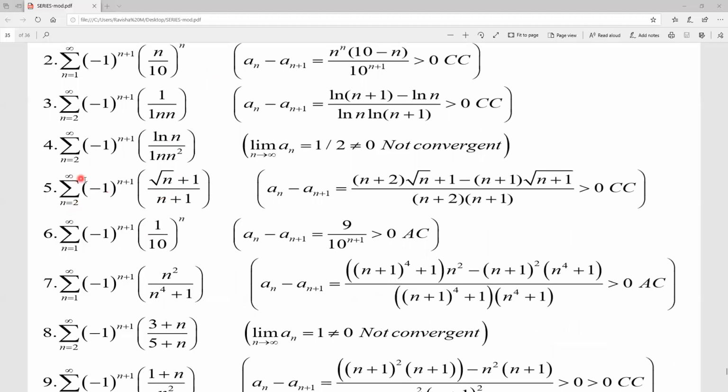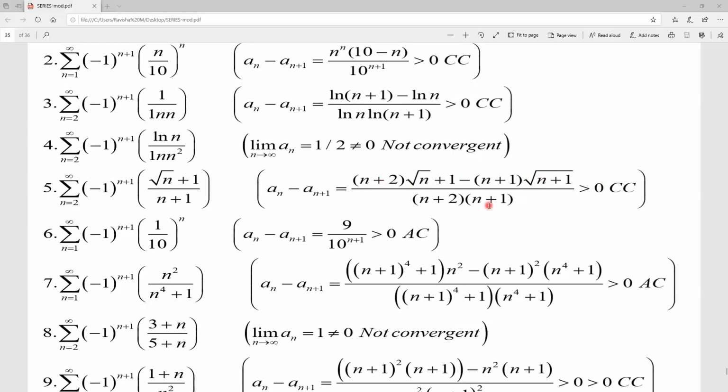Sum of n equals 2 to infinity of (-1)^(n+1) times square root of n plus 1 by n plus 1. Anyway, this is a positive series for all n greater than or equal to 2. Let us see the second condition of the Leibniz test, a_n minus a_(n+1). After simplifying, we have this positive, so this is bigger than this value.